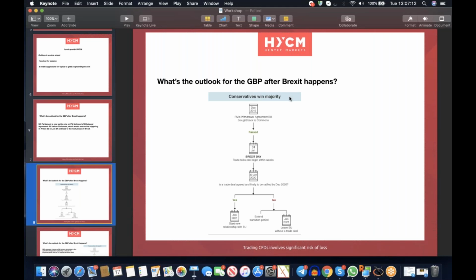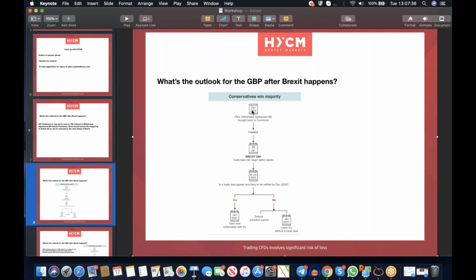Okay, so what's the outlook for the pound after Brexit happens? So this is where we are. I started looking at this yesterday on the FX week ahead, and we've got the Conservatives have won a majority. The next expected move is PM Johnson is going to bring his WAB, withdrawal agreement bill, to the Commons.